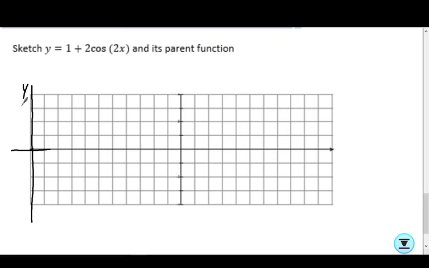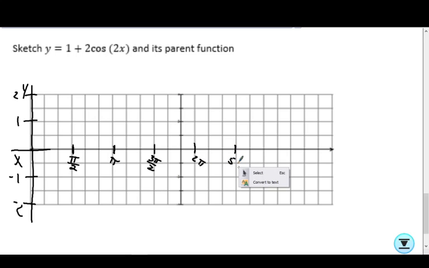So this is your y-axis, this is your x-axis, this is 1, this is -1, this is 2, this is -2, and then every 3 marks, that's going to be pi over 2, pi, 3 pi over 2, 2 pi, 5 pi over 2, 3 pi.